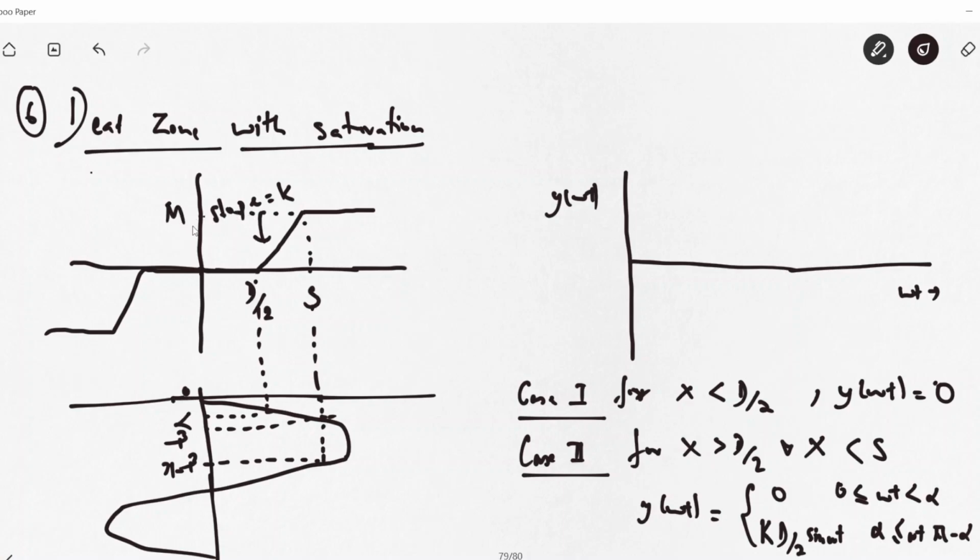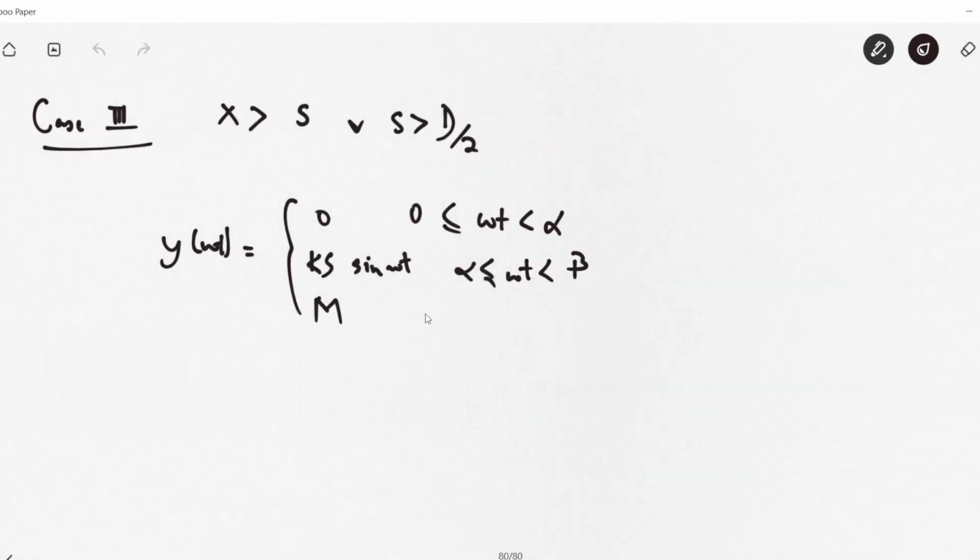I am assuming that this output is equal to m. Then pi minus beta to pi minus alpha, it will be again k x sin omega t, and pi minus alpha to pi, it will be equal to 0.